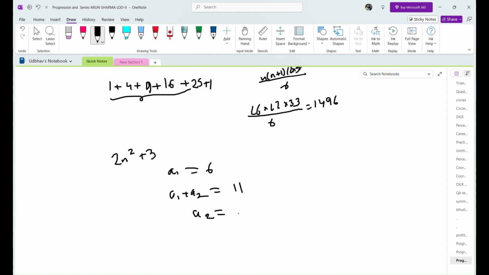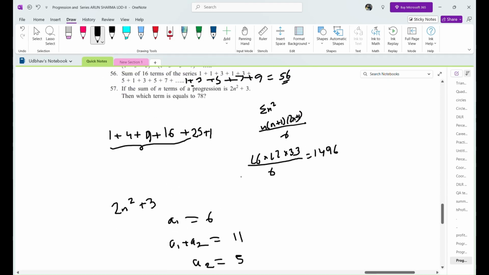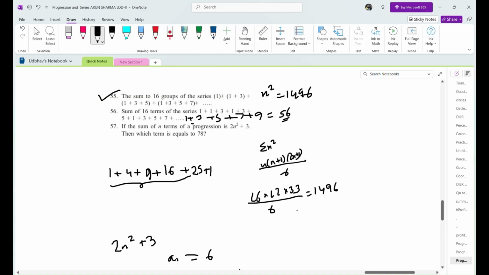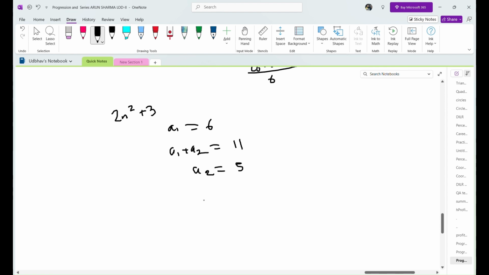So a2 is like 6. We have to just put the value. Let's see. Which term is equal to 78?